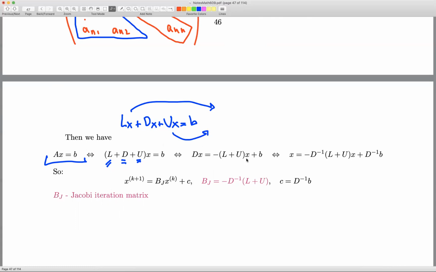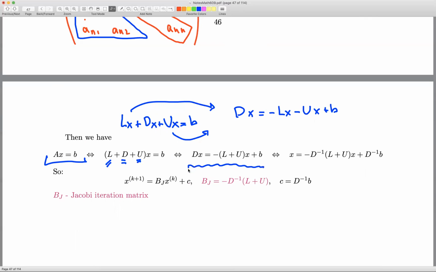So what we end up with is DX = -LX - UX + B, and then we pull out the minus sign and the X, and this is exactly what we are going to get.